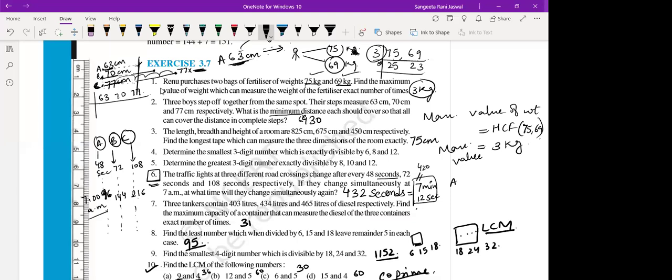After another 48 seconds. The B light will change again after another 72 seconds. 72 plus 72 will be now 144. Then the C light first changed after 108 seconds. So after another 108 seconds, it will change again. So that means it will change after 216 seconds.